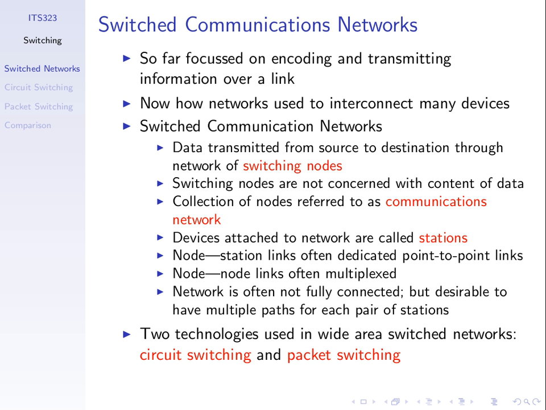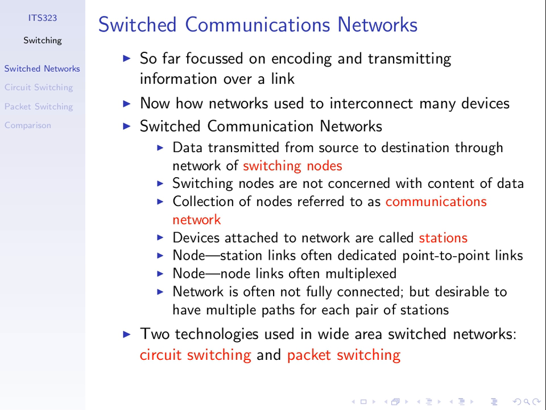Node to node often use multiplexing. They are allowed to carry traffic from multiple users at the same time. The network is often not fully connected. That is, not everyone has a link to everyone else. But often we'd like to have multiple paths. Just some general characteristics of a communications network, in particular a switched communications network. And pretty much all the networks we use today are based on these concepts.